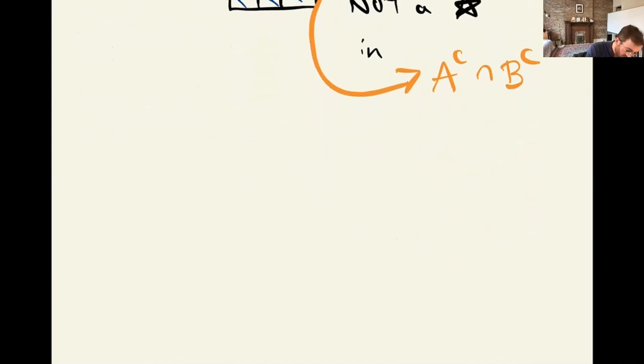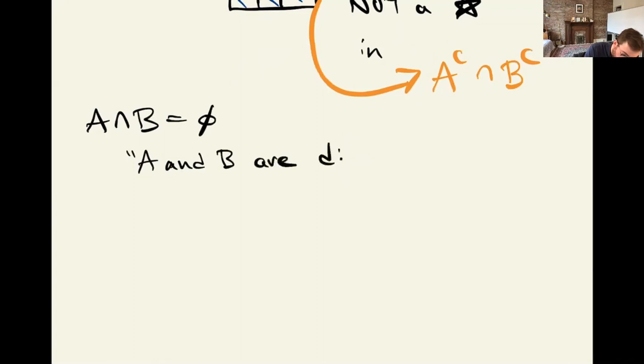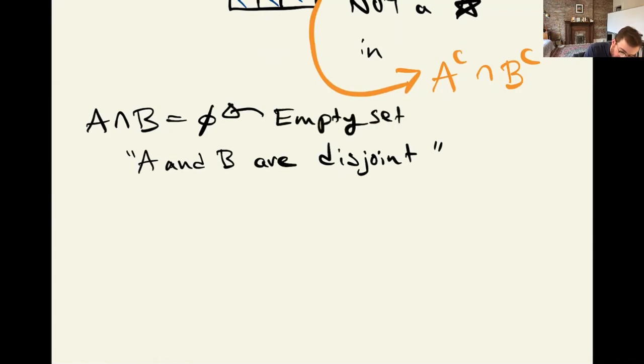So I want you to consider, when we have A intersect B equaling the empty set, this means that we sometimes say A and B are disjoint. The idea that this is the empty set, which you want to think of as the set with no elements. This is the set with no elements.